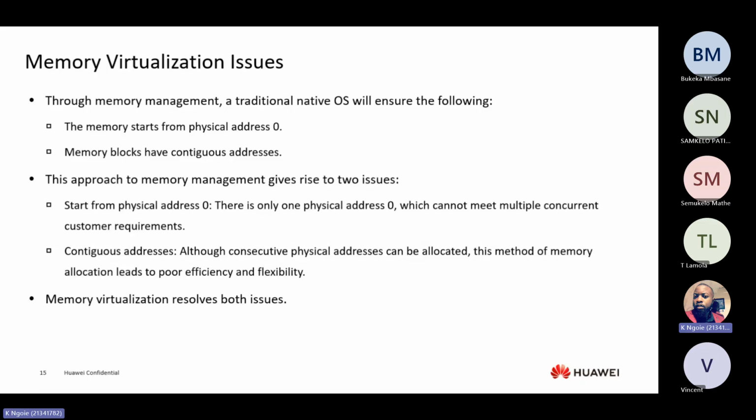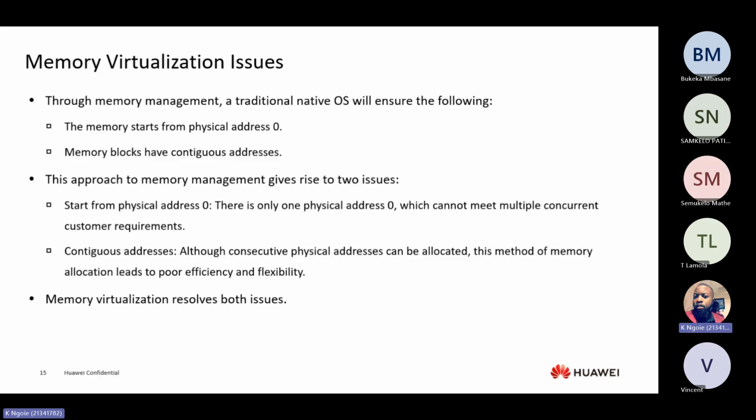It expects the memory to be contiguous, which means the operating system and other applications think the memory is one big unbroken block. Think of your laptop: if it has 256 gigabytes, your operating system will consider the whole memory.